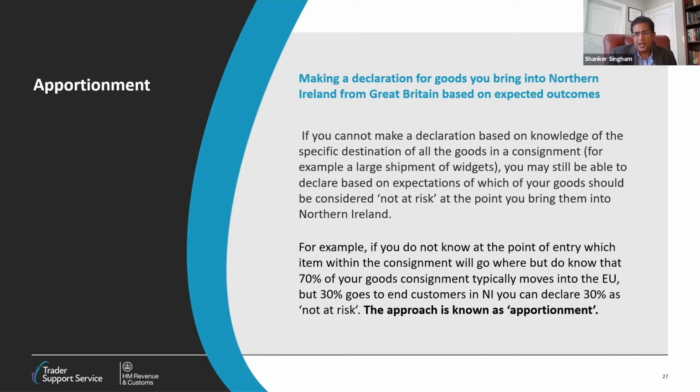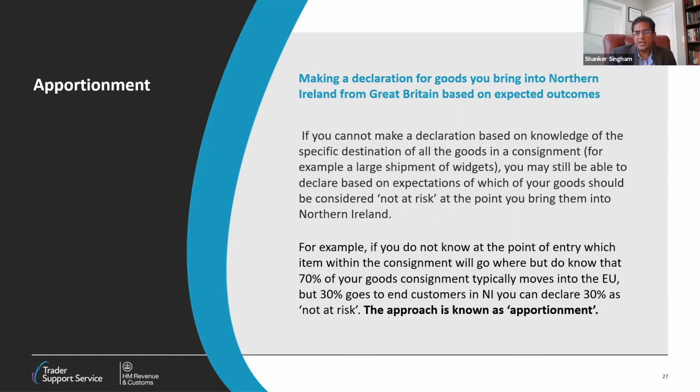However, in order to avail yourself of apportionment, you need to be able to demonstrate a history of transactions where, for typically 3 years or so, that percentage of what stays in Northern Ireland and what ends up in Ireland doesn't really change.